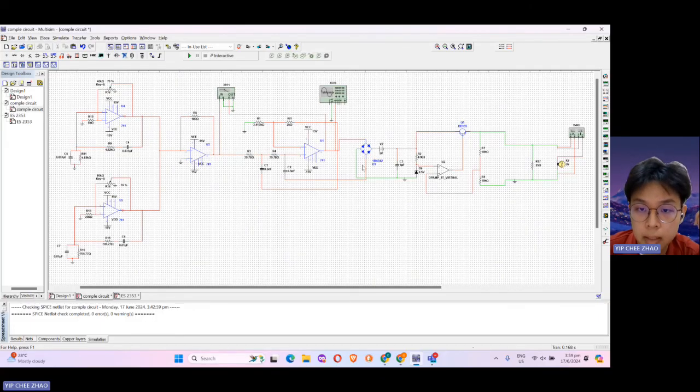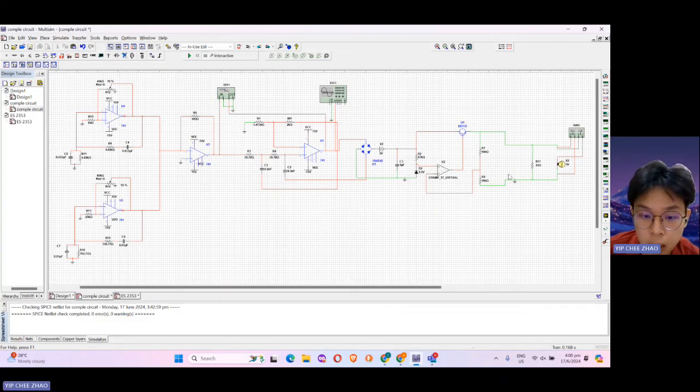Next is the rectifier. The filtered signal is sent to the rectifier, which converts it to a stable DC signal. Then the next one is the voltage regulator, which ensures the output voltage remains constant.